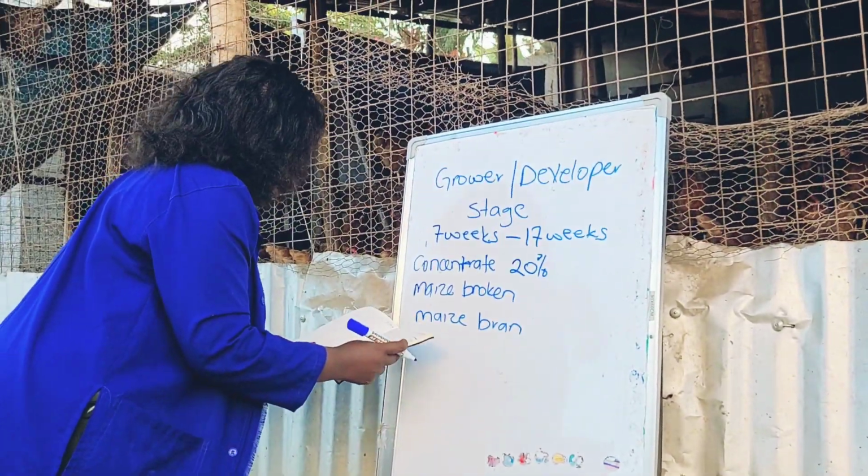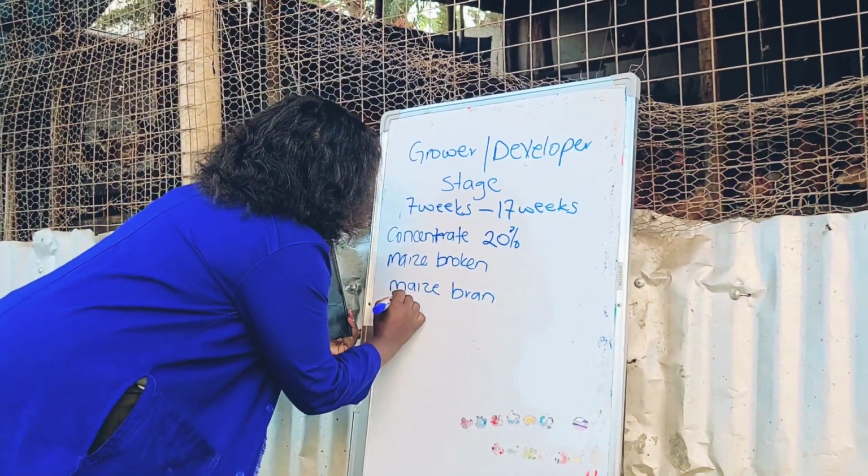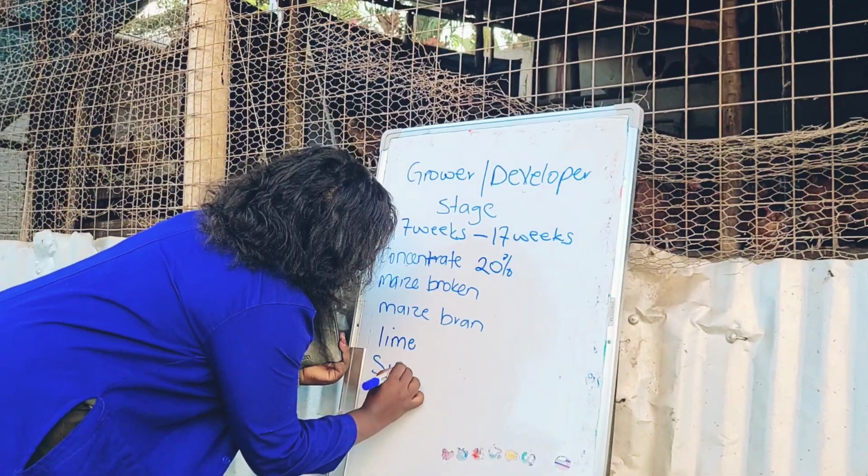So we have 20% broken. Then we have lime and sunflower.